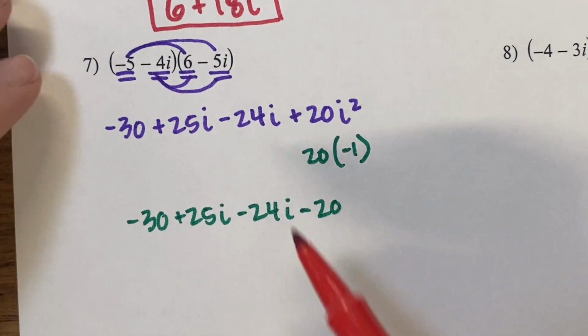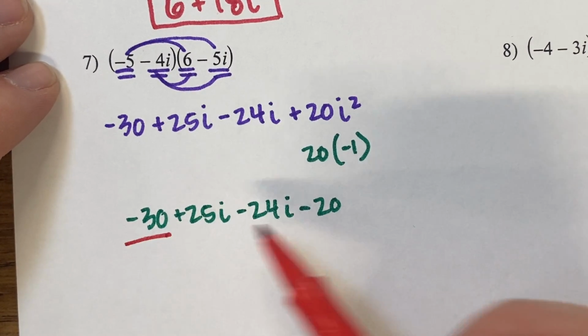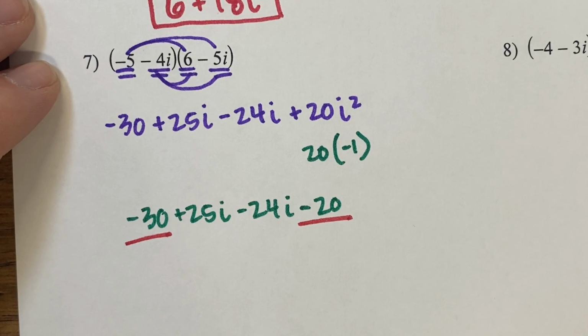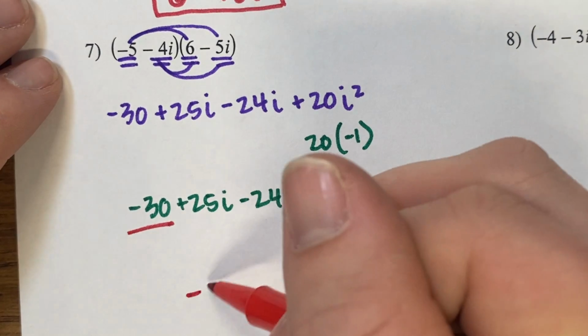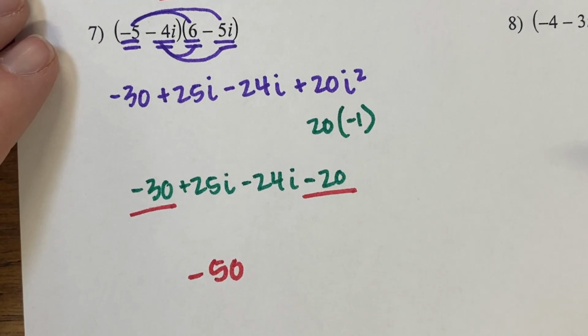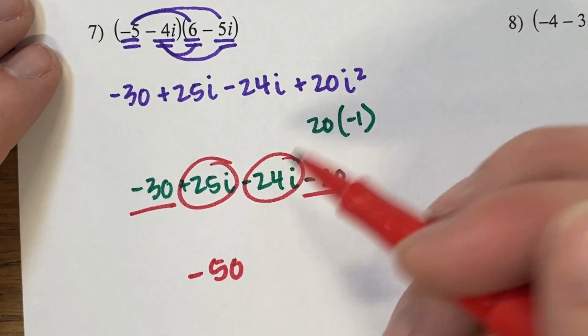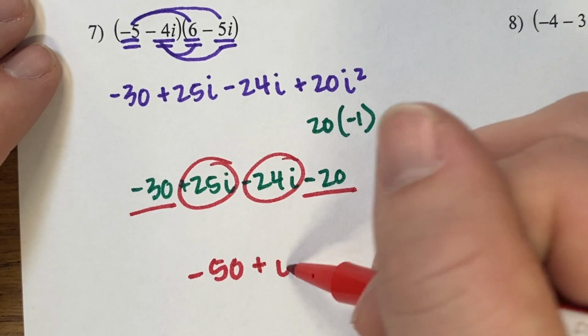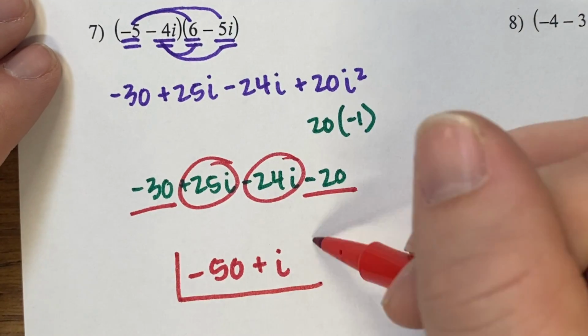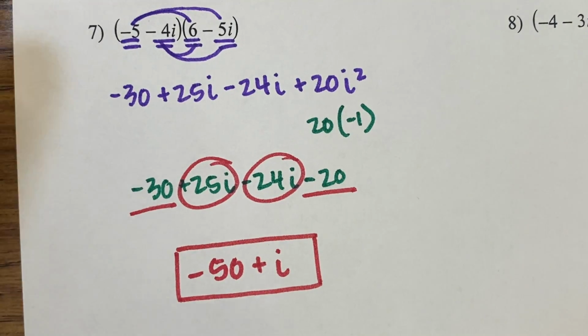Okay, let's go ahead and combine our like terms. Do our constants first. Negative 30 minus 20. Okay, that's going to give me negative 50. 25i minus 24i. 25 minus 24 is just positive 1i. Beautiful.